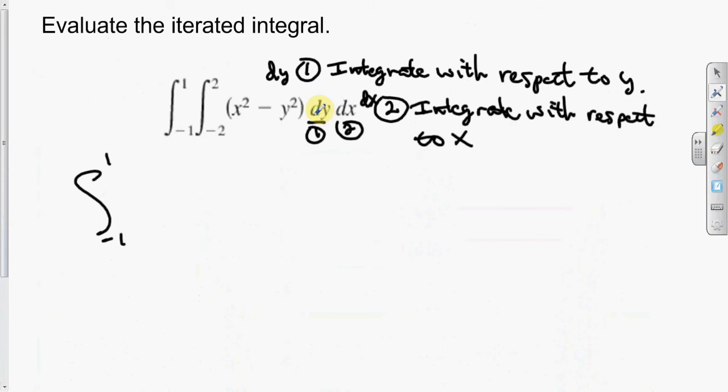So to integrate with respect to y, that means I treat x as a constant or coefficient. So we kind of do the same thing, but it's just a reversal of how you did the partial derivatives. So this becomes x squared times y minus y to the third over 3, evaluated from -2 to 2, and then out here we have dx. Are you with me there?